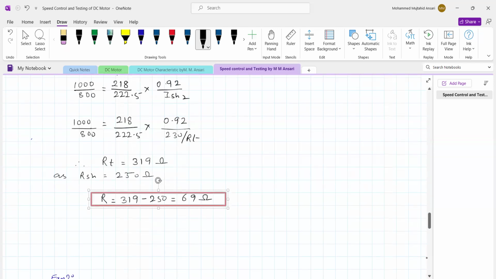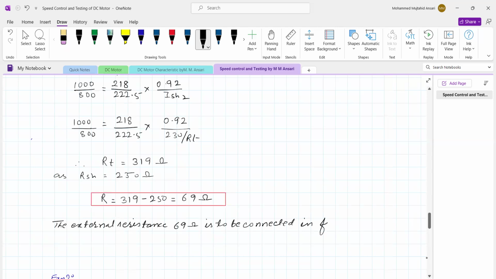So the external resistance 69 ohm is to be connected in the field circuit to obtain speed 1000 RPM.